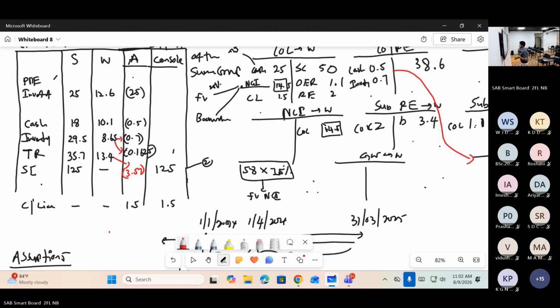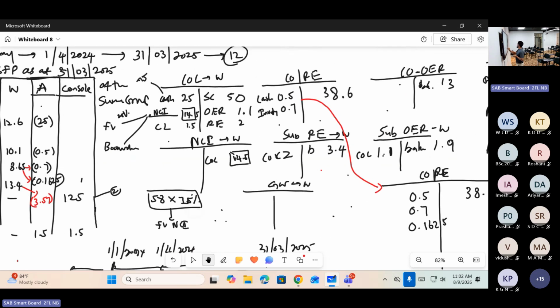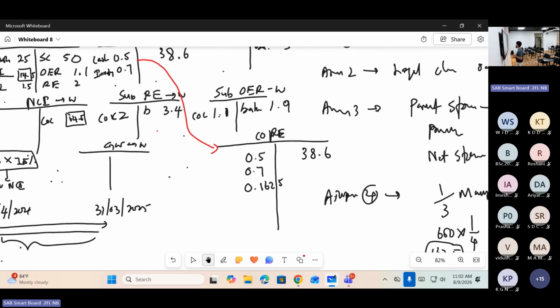Debit to where? Debit to consolidated earnings.